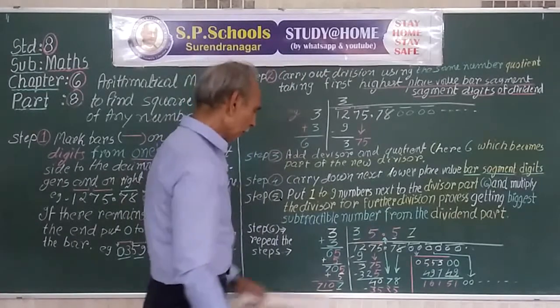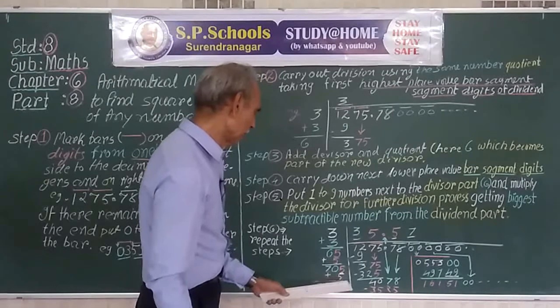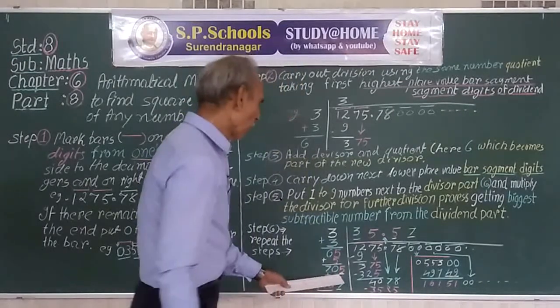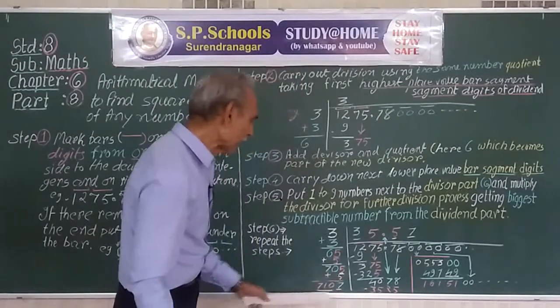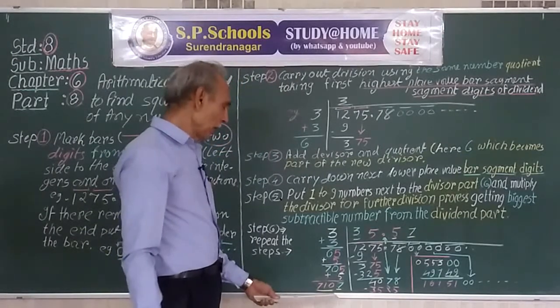Then add this 5 to 705. It becomes 710, the next part of the new divisor.